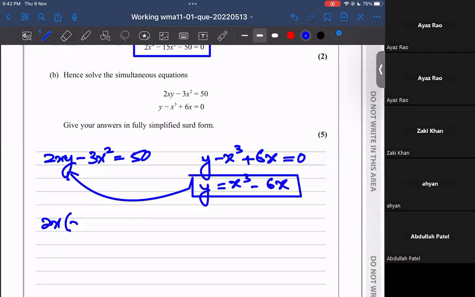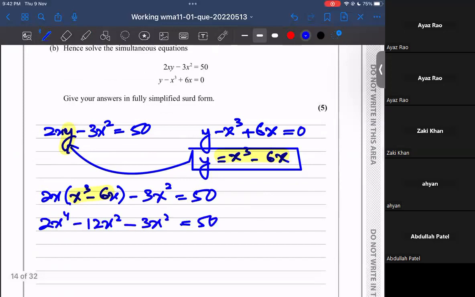2x into x cube minus 6x, after putting this value of y. 2x multiplied by x power 3 becomes 2x power 4. 2x multiplied by minus 6x is minus 12x square, minus x square equals to 50. You're going to have a quadratic.